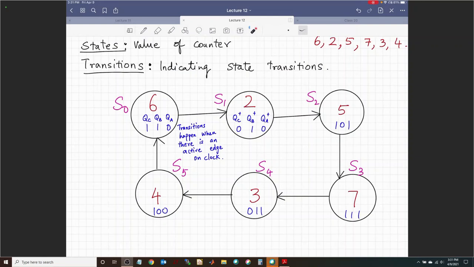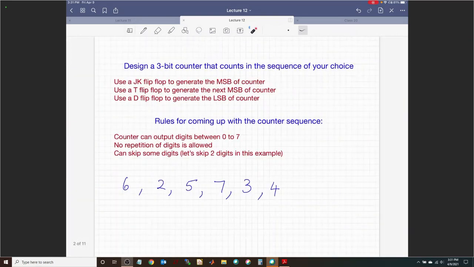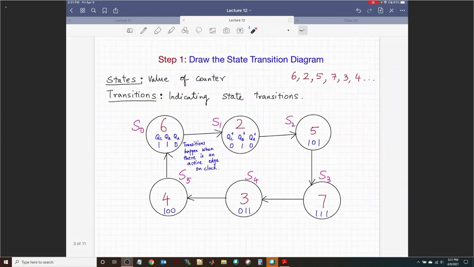I'm using QA as our least significant one, with the output of the D flip-flop in our case. That completes my state diagram. I'm going between state 0 to 1 to 2 to 3 to 4 to 5 and back to state 0, and my counter values are 6, 2, 5, 7, 3, and 4.